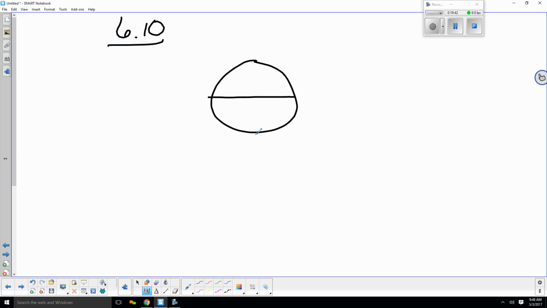It is half of the length of the diameter. So if the radius is 10 centimeters, the diameter is what? Looking under hints and notes: if the radius is 10, the diameter is 20. If the diameter is 24, the radius is 12.